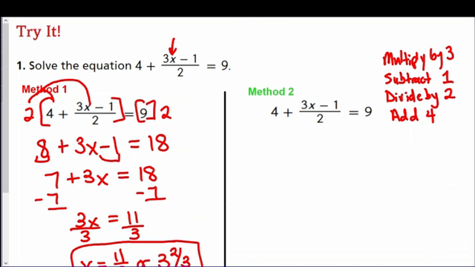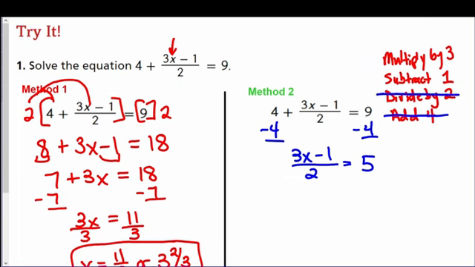So what I'm going to do to solve this is work backwards through this order of operations using the inverse operations. So the first thing I want to do is eliminate this add 4 by subtracting 4 from both sides. And on the left-hand side, I'm left with (3x minus 1) divided by 2 equals 5.